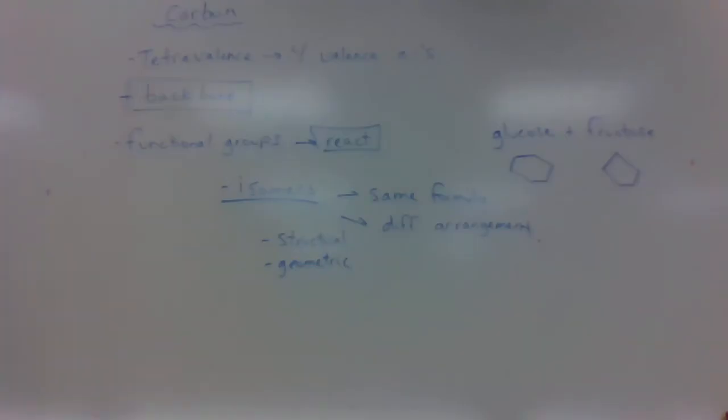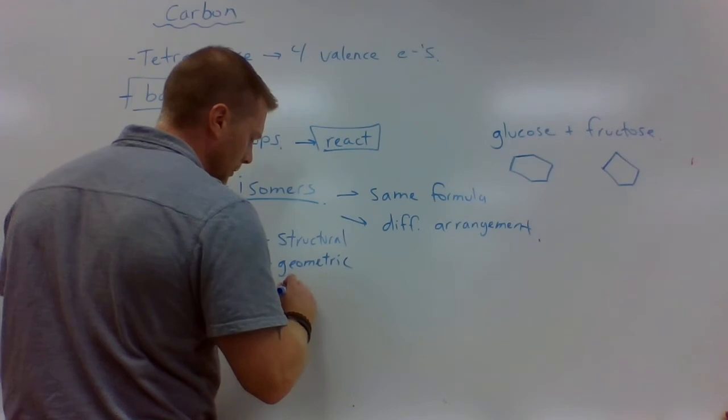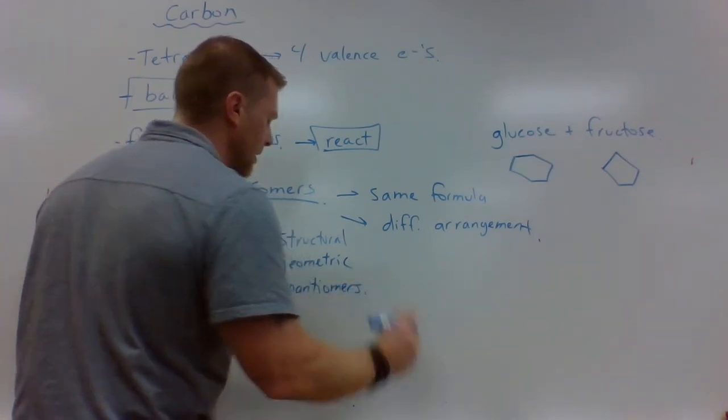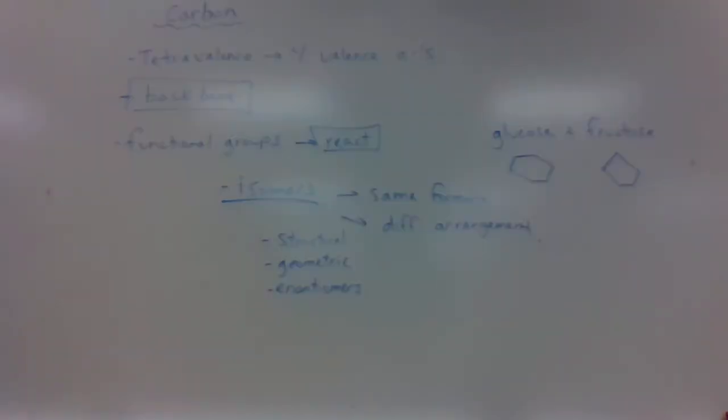Geometric isomers have the same arrangement of carbons in the backbone, but they have a different arrangement of functional groups. And finally, the last type of isomer is going to be an enantiomer. Enantiomers are sometimes called stereoisomers, and they are mirror images, or they are left and right hands.